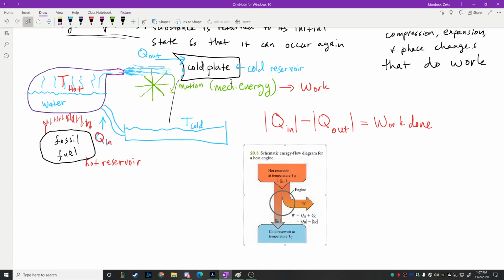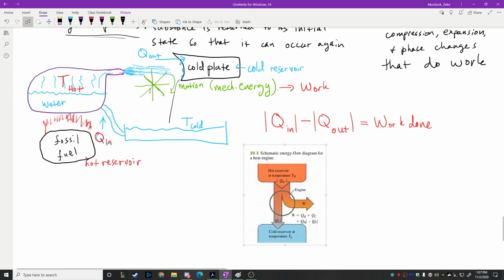I think that the answer, like the simplest answer, is yes. That the colder that this is, the better. I don't think it's that simple, actually. Maybe we could think about a system in which that might be true.